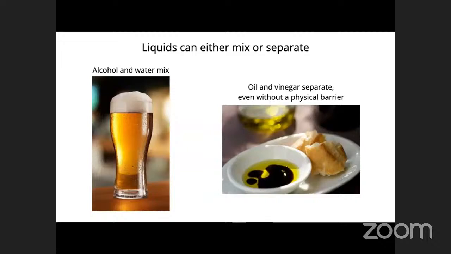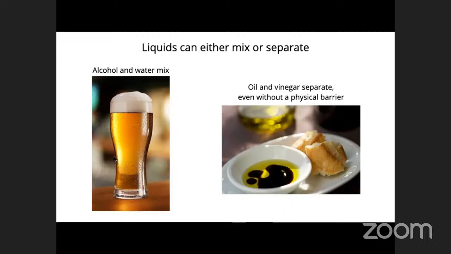If you have a mixture of two liquids, they can either mix, like alcohol and water in beer, homogeneous, or they can separate. So oil and vinegar in salad dressing or in bread dip separate into a high concentration of vinegar and a high concentration of oil, and there's no physical barrier between them, but they still separate.